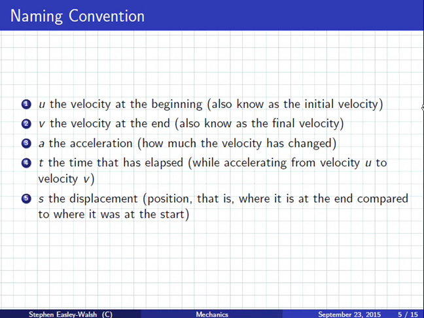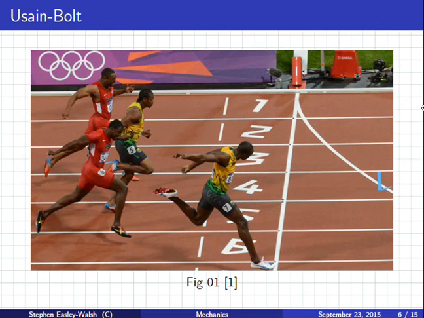Okay, so look, let's explain with an example. Usain Bolt. So the u here is 0. Why is the u 0 meters per second? So in this example here, the u is 0. Why?